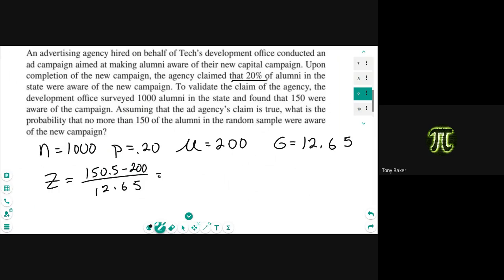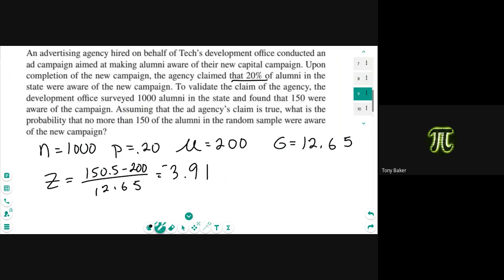So we're just a little above it. And this one, realistically, it doesn't make that big of a difference. Negative. Yes. Because 150 is less than the mean. So you're going to be on the negative side.